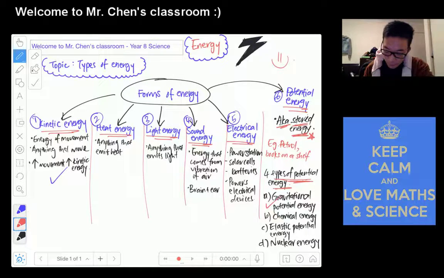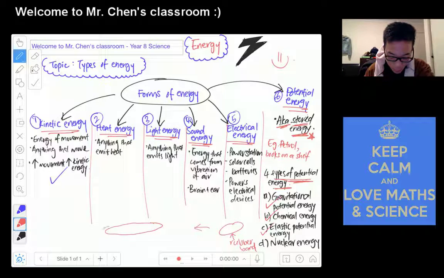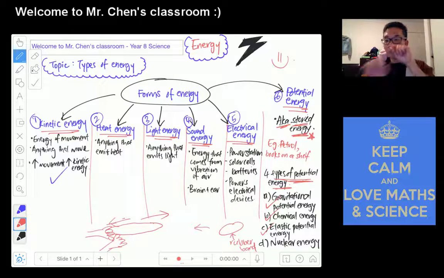And the third one is elastic potential energy. Elastic potential energy is like your rubber band. So I've got a rubber band here. If I decided to pull the rubber band back using my little hand, sorry, that's not a very good drawing, and if I pull the rubber band away and let go, it's going to fly.